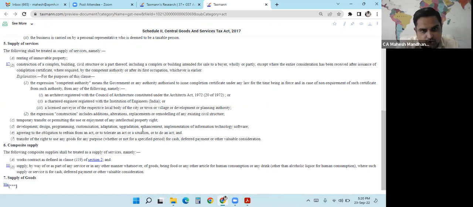And further, it also tells that when there is a supply of food in any other manner whatsoever, it will always be liable to tax as a supply of service. So if we concentrate on clause B, whenever there is a supply of cooked food or prepared food, it will always be liable to tax as a supply of service, which is something confusing.